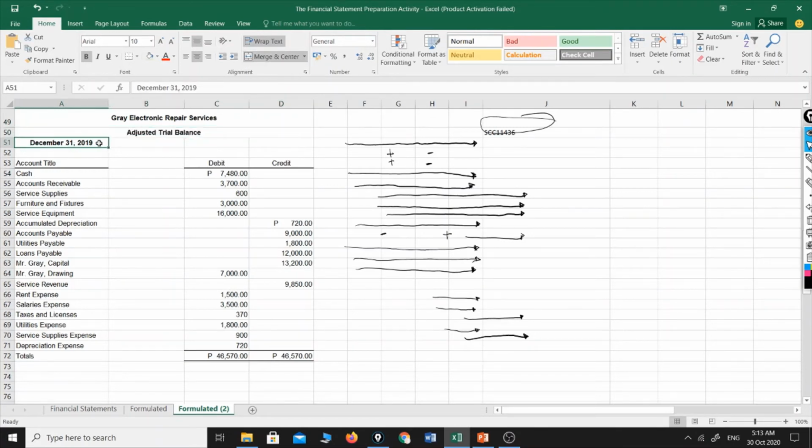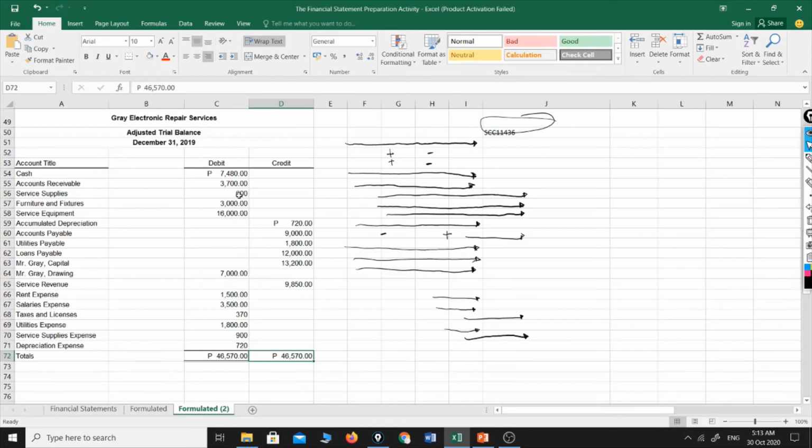But take note, even though there's no worksheet, of course, you could still prepare your adjusted trial balance. So here we have the total amount for debit, 46,570, as well as for our credit column.